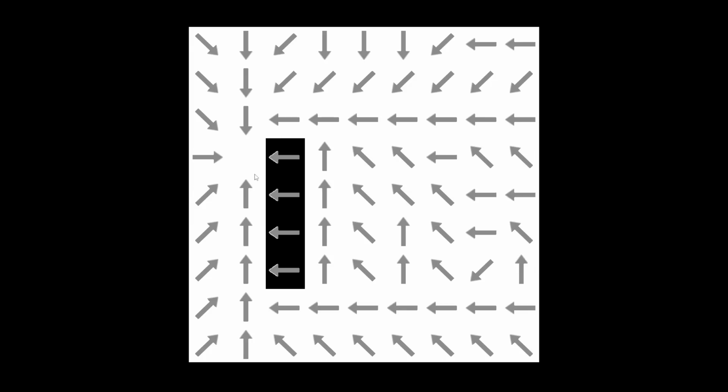And so to path find to this plug hole, all we have to do is follow the current. So calculating this flow field is expensive the first time around, but once it has been calculated, each agent can path find with approximately 0 effort. And so this scales really well if you have 100 enemies or 1,000 enemies that are all pathing to the same destination. For example, you might be playing a zombie apocalypse game where all of the zombies are trying to reach the player.